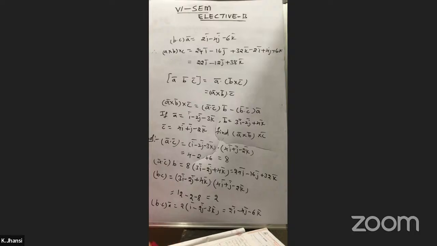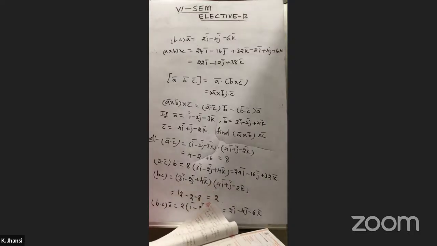A vector function means the same f of t: for each real number in some subset I of real numbers, if there corresponds a vector f of t, then f of t is called a vector function of the scalar variable t on I. You can see these definitions in your textbook.